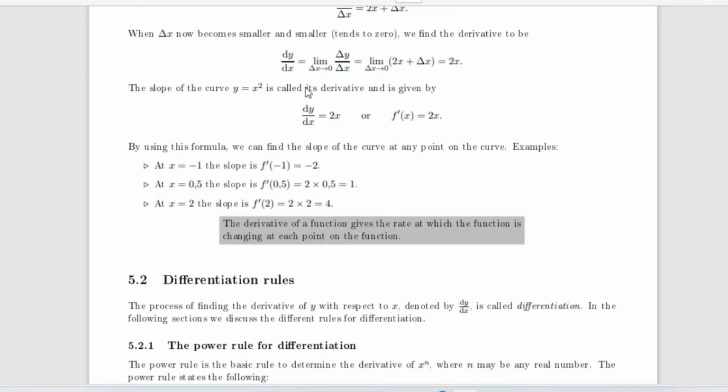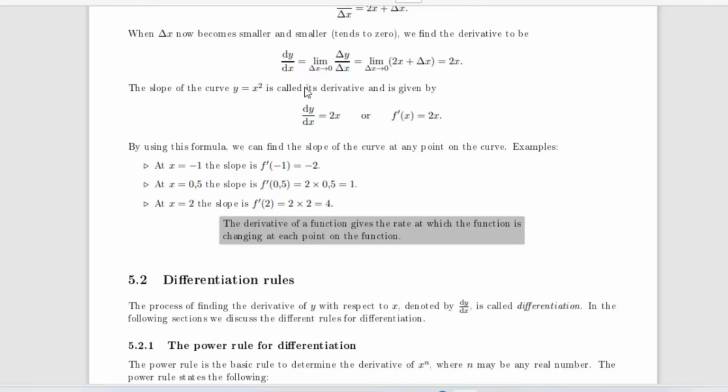It will be 4x to the power of 3. Yes. You take that 4, bring it in front of x, and then from that 4 at the exponent you subtract 1. So it will be 4x to the power 3. We agree? That is how we differentiate.